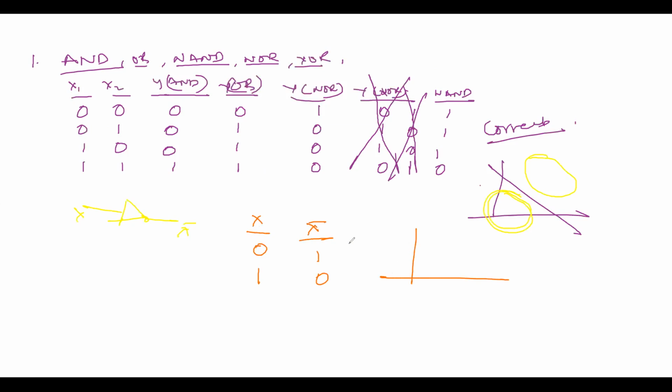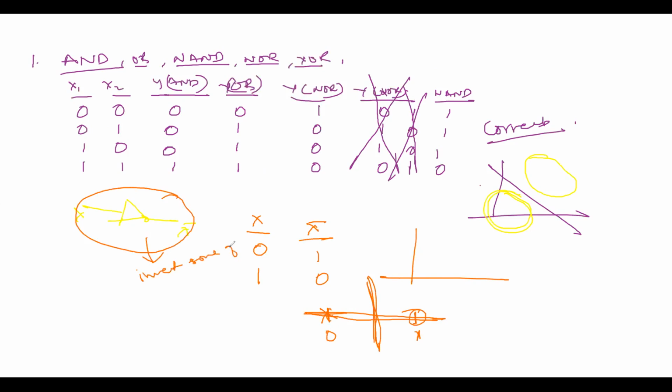So NOT is used only to invert some of the inputs. If x is coming, I'll put the NOT, so it will become x bar, and then I can use some other gate.